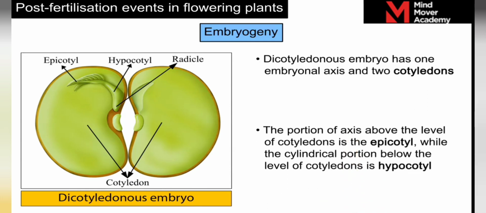The portion of the axis above the level of the cotyledons is the epicotyl, which ends at the plumule or the stem tip, while the cylindrical portion below the level of the cotyledons is the hypocotyl, that ends at the lower end in the radicle or the root tip. The root tip is covered with a root cap.